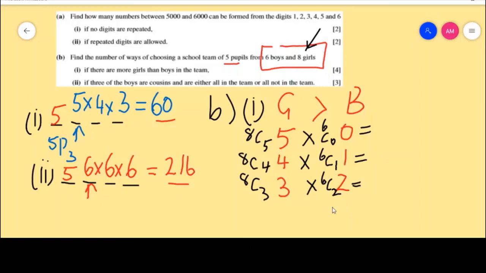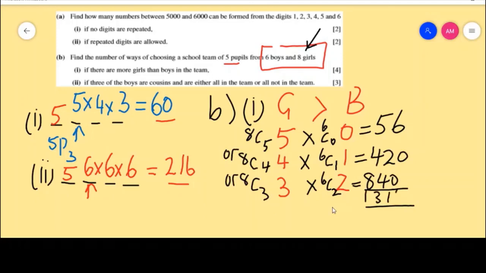On my calculator, I get 56 for the first, 420 for the second, and 840 for the third. Because these are different options, I'm going "or", so I add, and I get 1316. This is for B part 1.